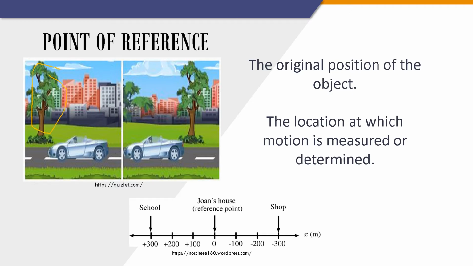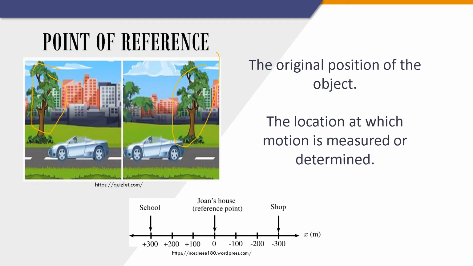So, as you can see, itong tree na to, dito sa left picture, it is on the left side of the car. While on the next picture, it is on the right side na. So, we can tell that there is motion that happened in this object because of its frame of reference. By looking at the frame of reference, we can tell that the object has been in motion.